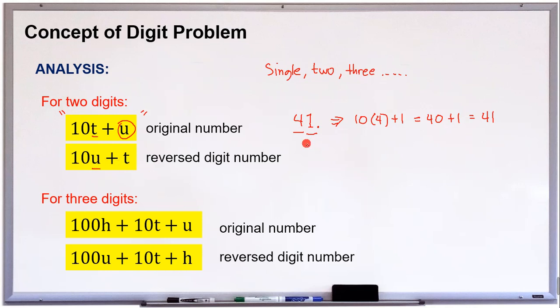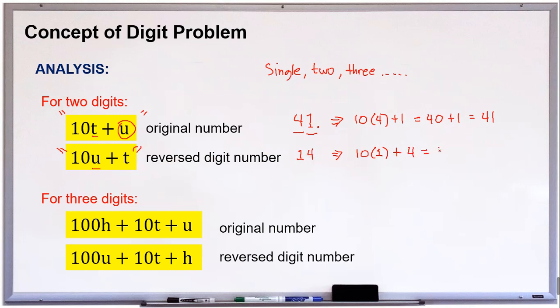Now let's go back to our example 41. If we reverse 41, that would be 14. Now if we implement this expression 10U plus T, our units digit is 1, so we multiply it by 10, so it would be 10 times 1, plus our tens digit, which is 4.